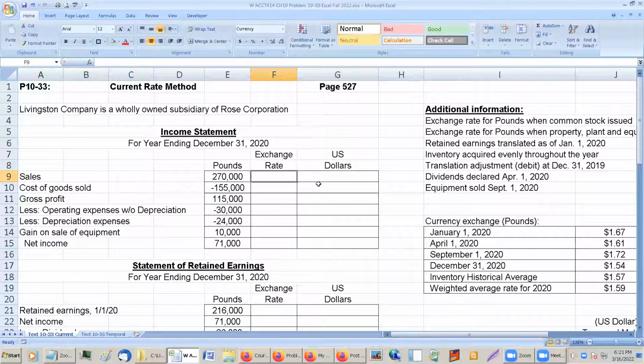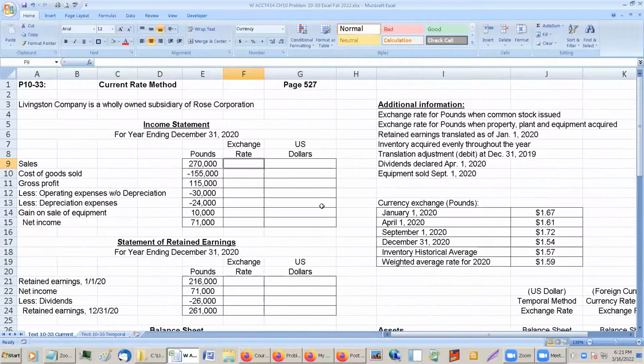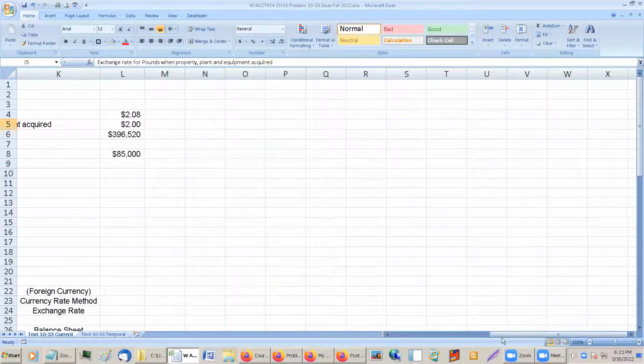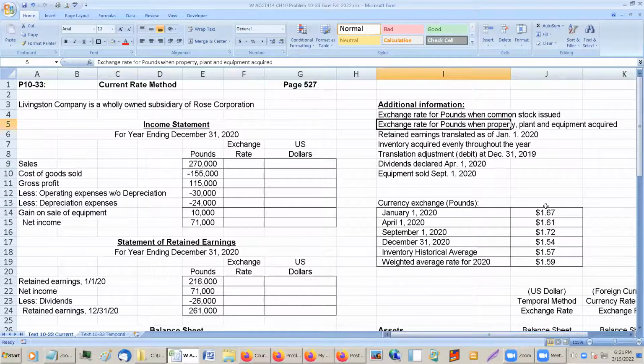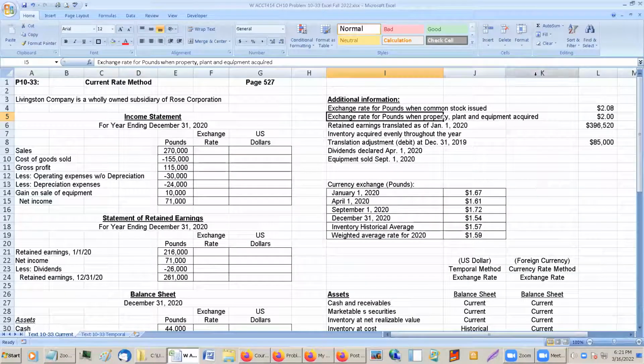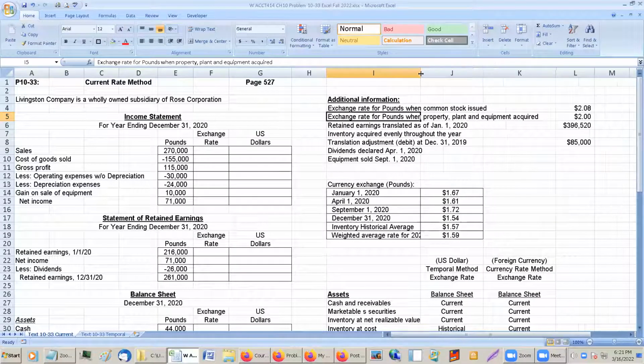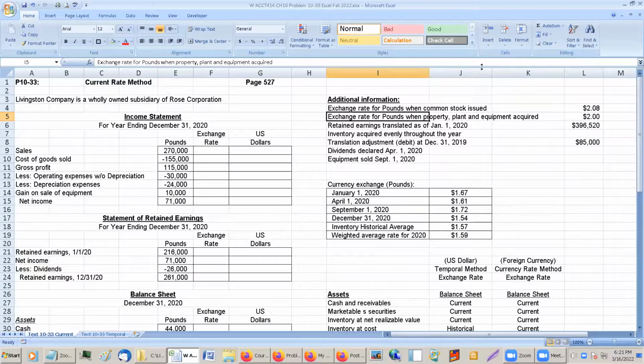Okay. Weird spacing here. Get this closer.